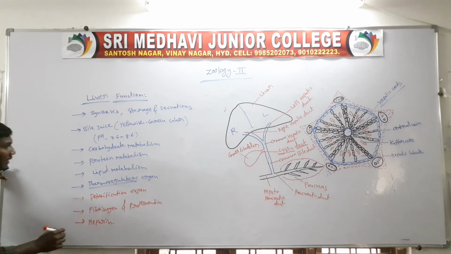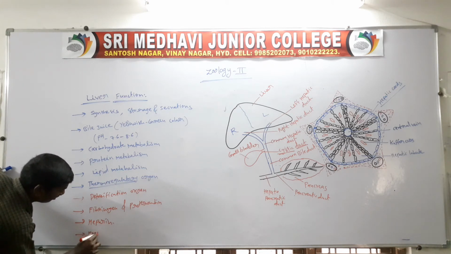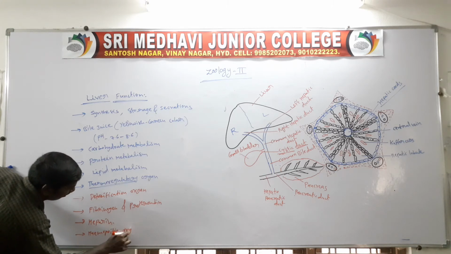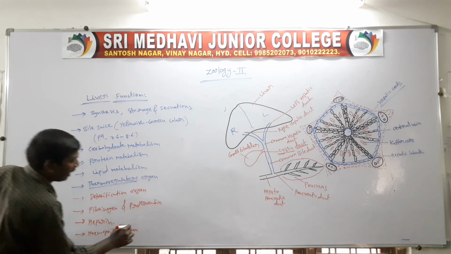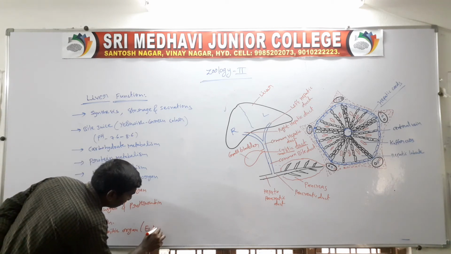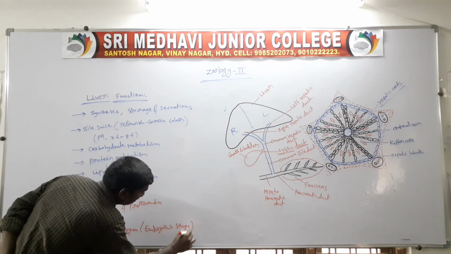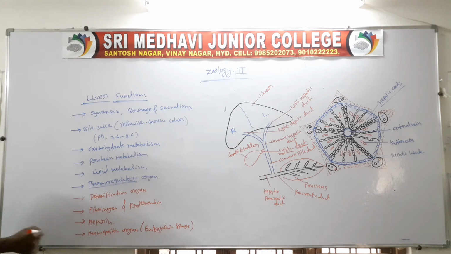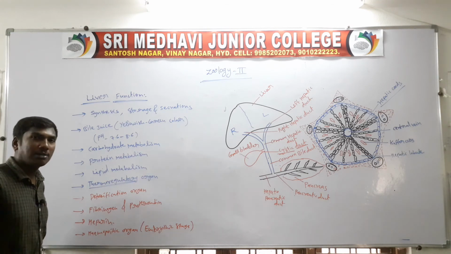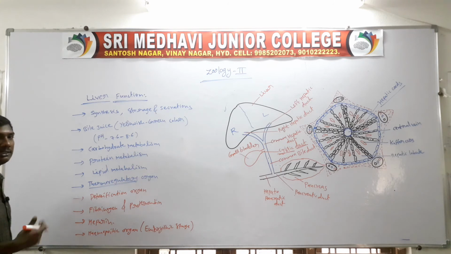Next one, the liver is also called the hemopoietic organ in the embryonic stage. Hemopoietic organ means the production of blood cells: red blood cells, white blood cells and platelets.